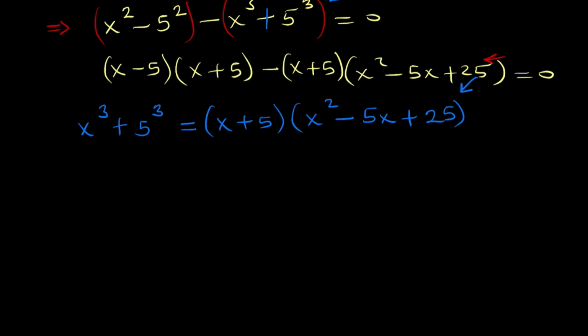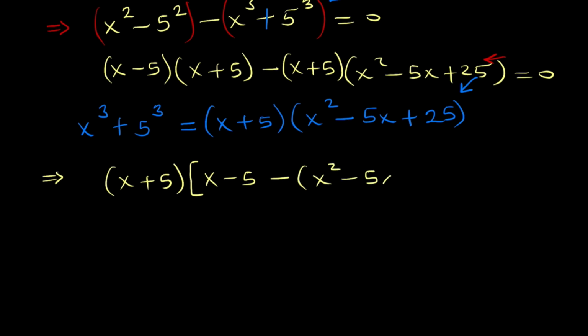So if I group that, I have x plus 5 as common. Then I have x minus 5, and then I have minus, and I have x squared minus 5x plus 25, and this is equal to 0.